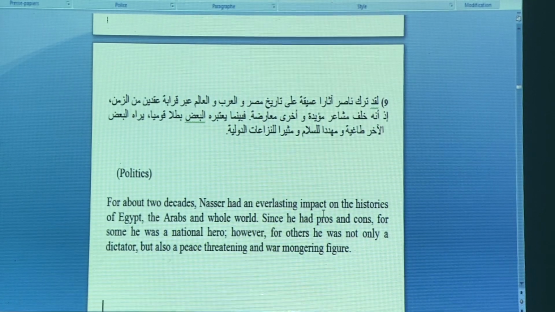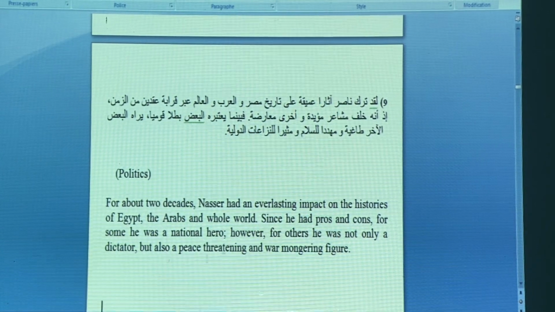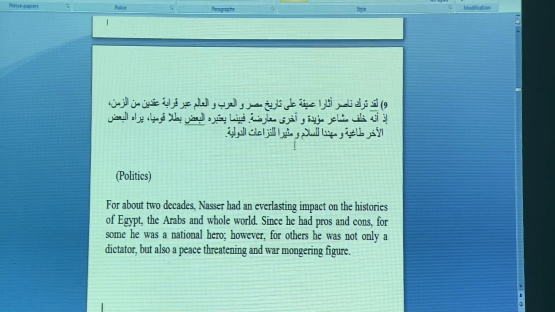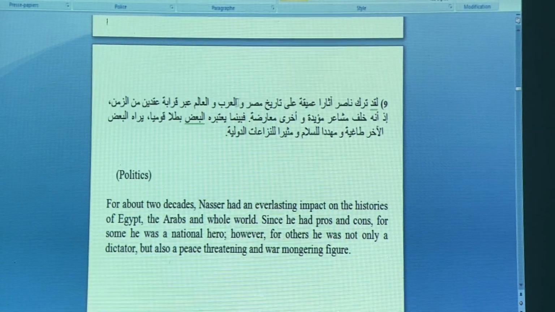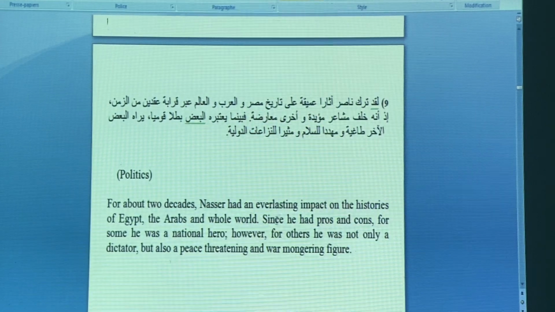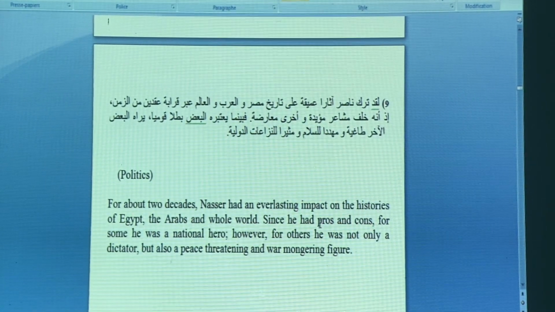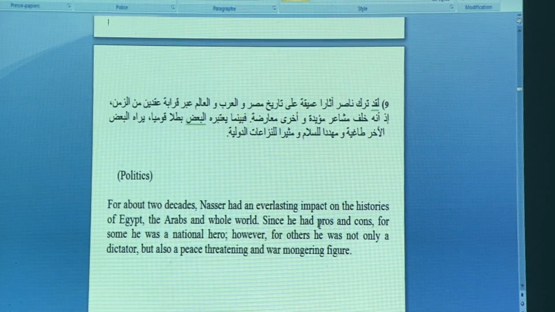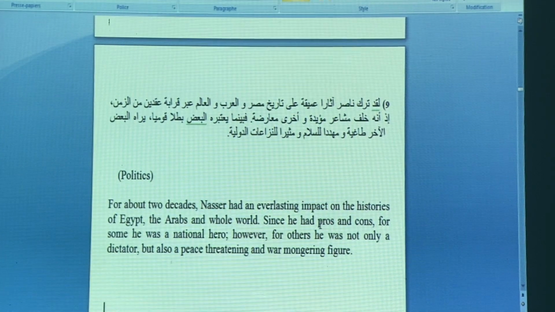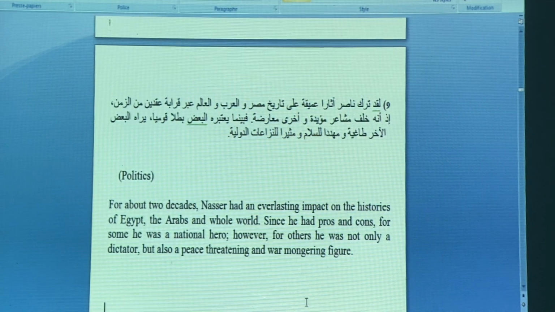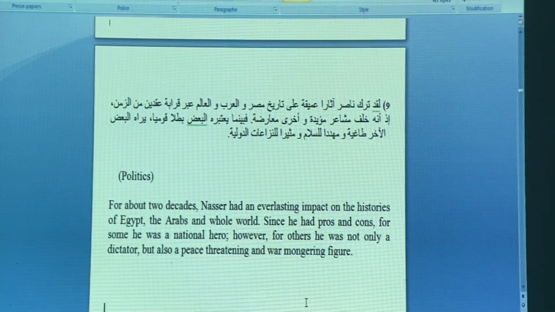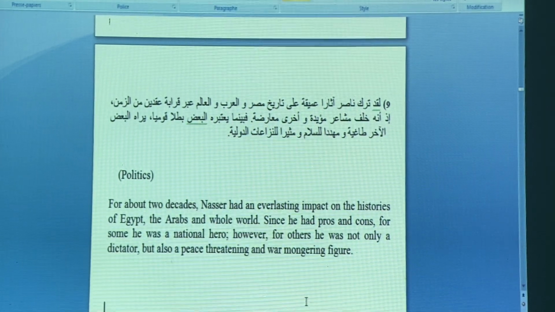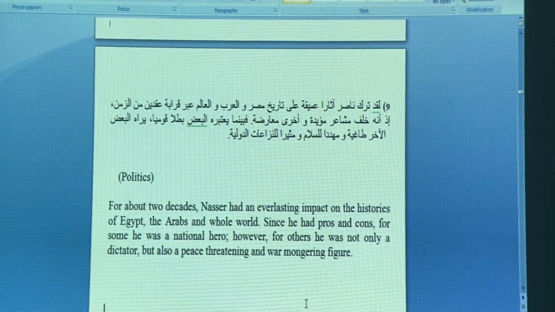Nasser had an everlasting impact on the histories of Egypt, the Arabs, and the whole world. So تاريخ مصر والعرب والعالم. Since he had pros and cons. Pros and cons are people who are for him and those who are against him. For some, he was a national hero. However, for others, he was not only a dictator, but also a peace-threatening and war-mongering figure.